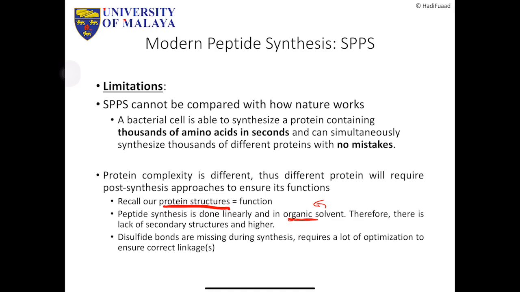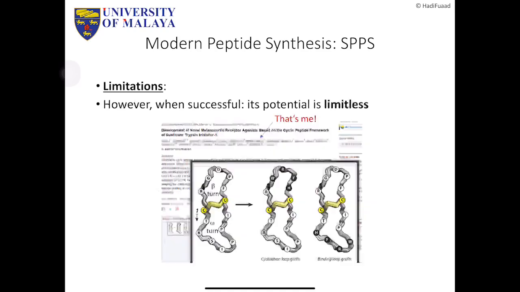It doesn't work that way. So there are a lot of modifications that you can do, and I like to say to play around to actually finally get the protein or peptide of your interest. Okay, but if the process is successful, its potential is limitless.